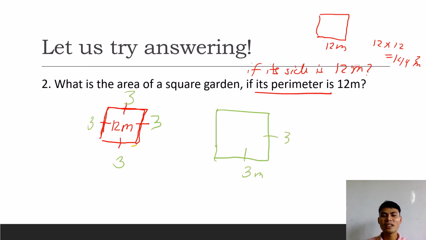In that case, easy na lang kasi ang formula sa area ng square is S squared. Hence, 3 squared, it's 9 square meters. Wow! See?